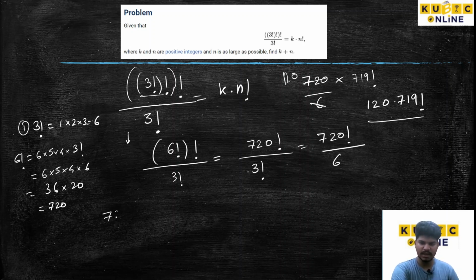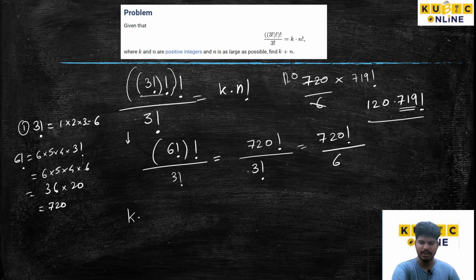If you remove one more number, this will become 718 factorial. If you remove one more number, this will become 717 factorial. So it will only reduce, it won't increase. So what is the largest n possible? Largest n possible is 719.